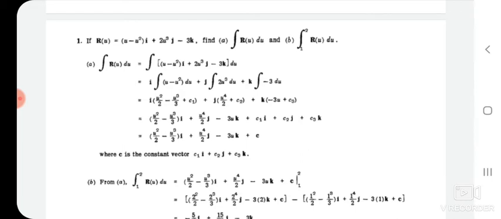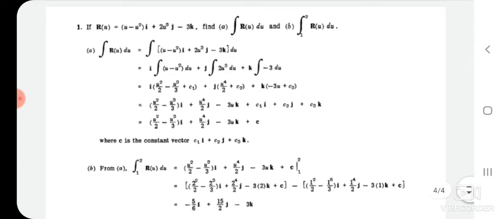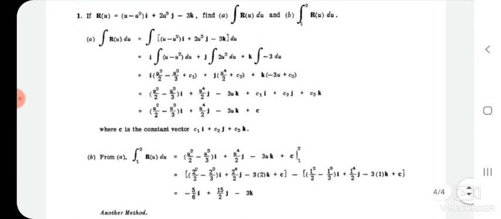Now, the same problem can be solved within the limits 1 to 2. The integral from 1 to 2 of r(u) du is equal to (u square by 2 minus u cube by 3) i plus (u to the power of 4 by 2) j minus 3u k plus c, evaluated within the limits 1 to 2. If we substitute, first we substitute 2, then 1.